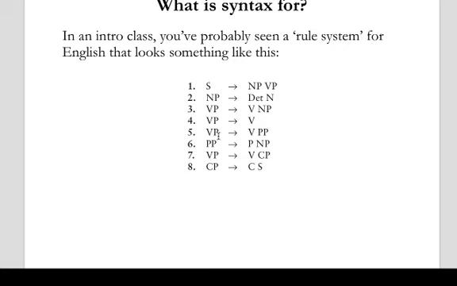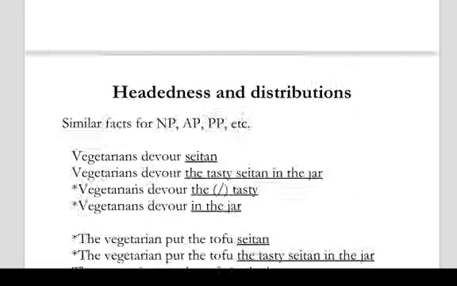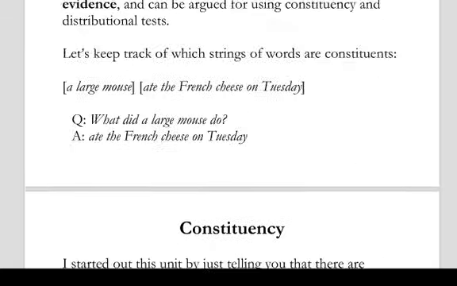Right? These are very broad grammatical principles, and it takes a lot of work to get to these, looking at the details of how English sentences work, right? All of the constituency testing and headedness testing, everything we've been doing for this lecture is sort of collected into general principles like this that we put in our intro syntax or intro linguistics class.